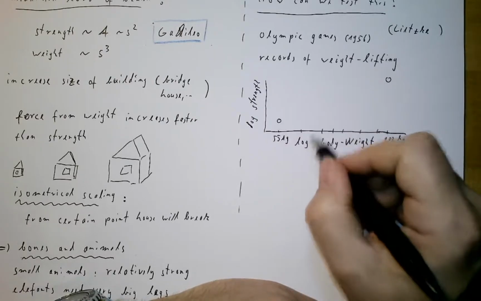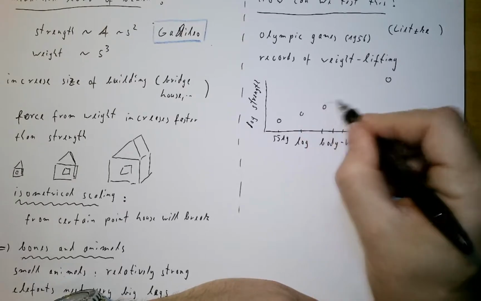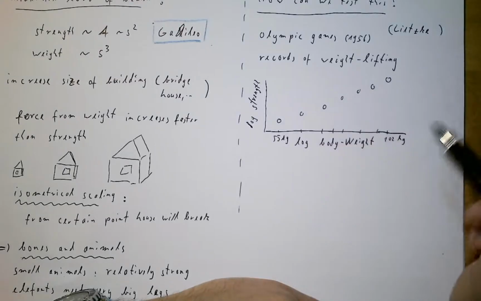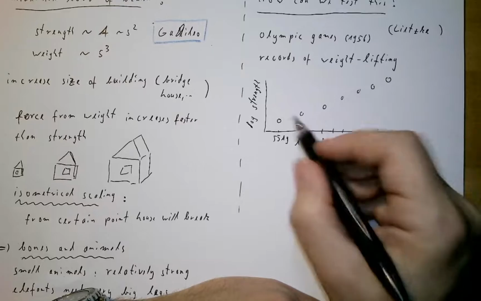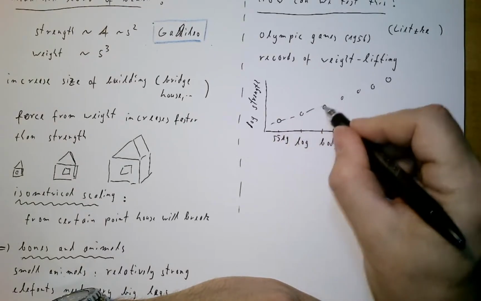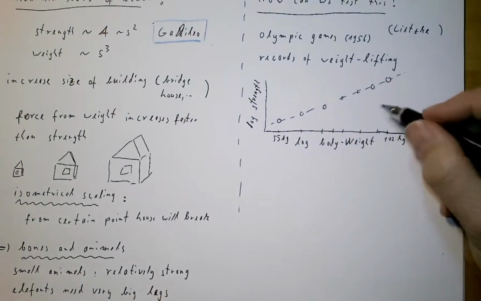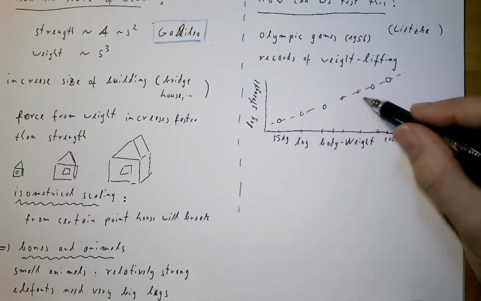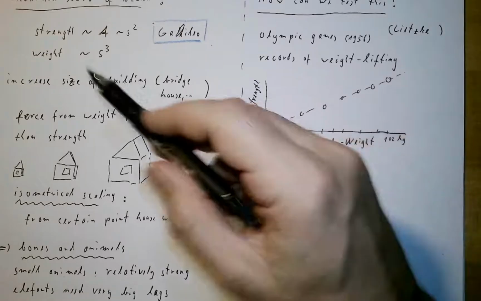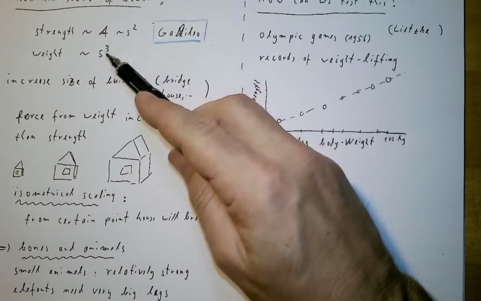And now, from the Olympic records, for every weight class, we get the weight the people could lift. And for you now in this lecture, it will come as no surprise that this falls on a power law. And so what is the slope of the power law? So what would we guess? We would guess that this would depend on the surface, so body weight to the 2/3.